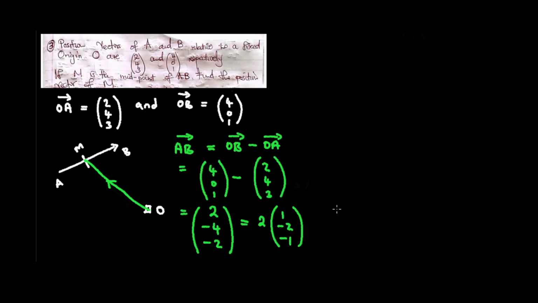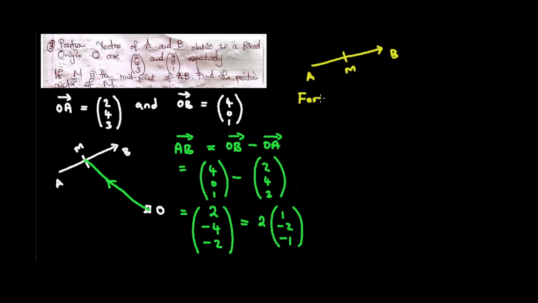So we have the displacement vector AB. In finding the position vector of M, there's something we should understand. So this is AB, and here is M. When M is the midpoint, it means AM and MB should be equal.